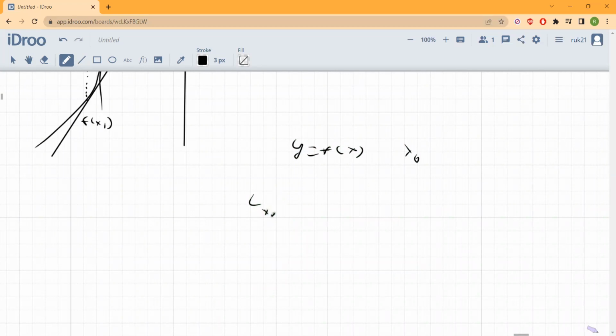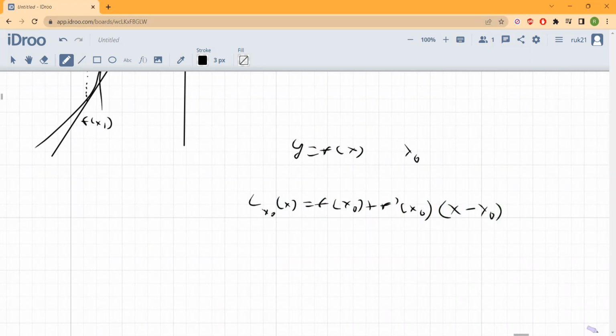You can't just say it's at 0. L at x0 of x is going to be equal to f at x0 plus f prime x0 times x minus x0.